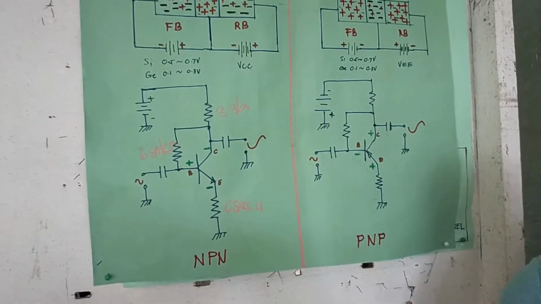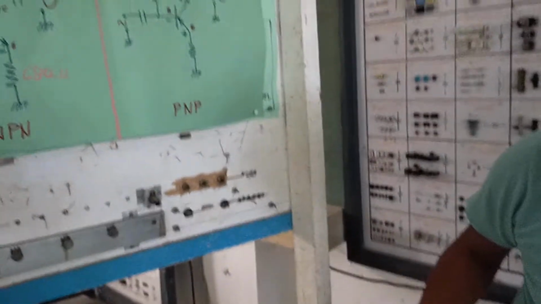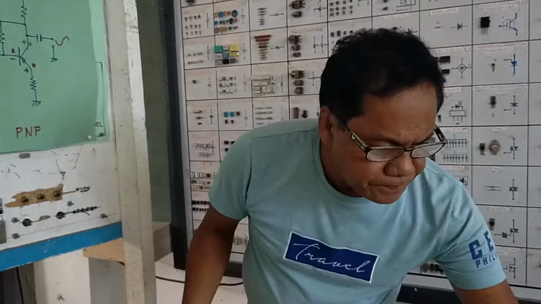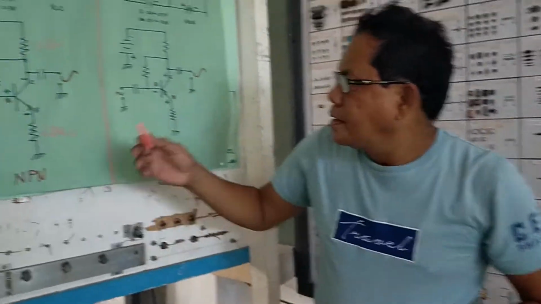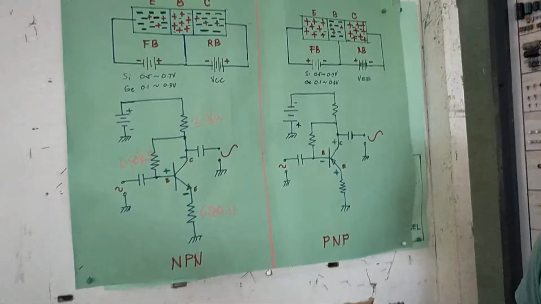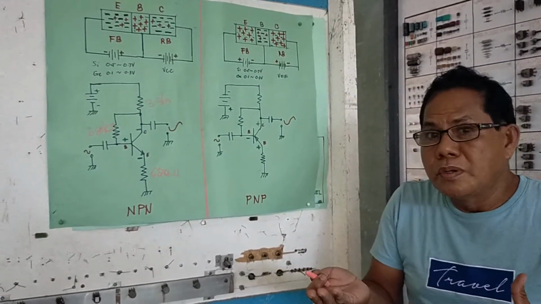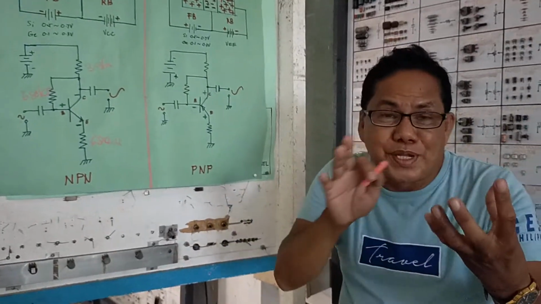Okay, let us now come to the tracing of the current. How the current is circulated in the circuit. Okay? In tracing the current flow, actually we are adopting here the electron flow. We are not using the conventional flow, which is the proton flow, the flow of the current from positive to the negative side.